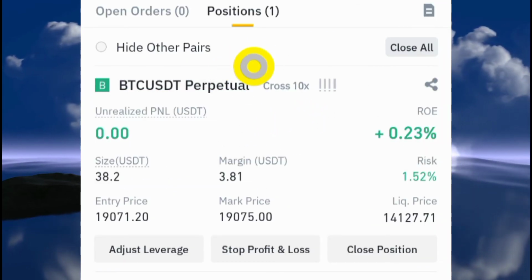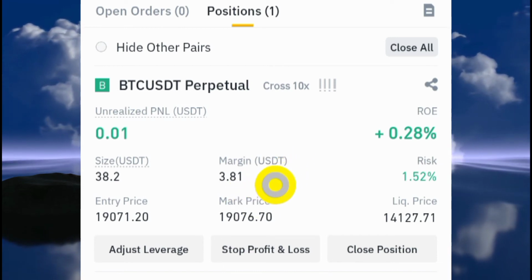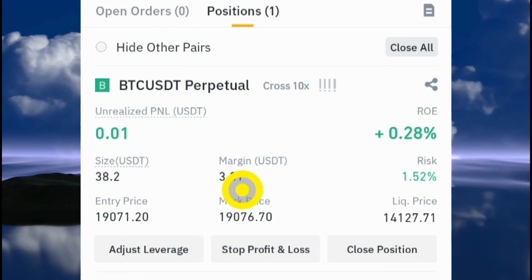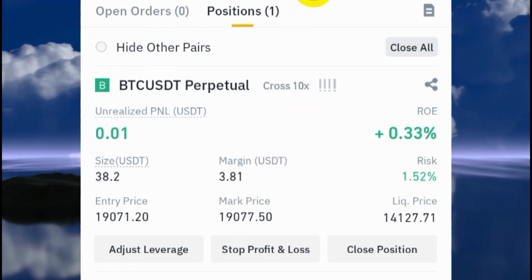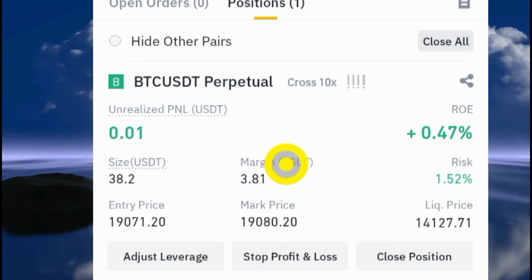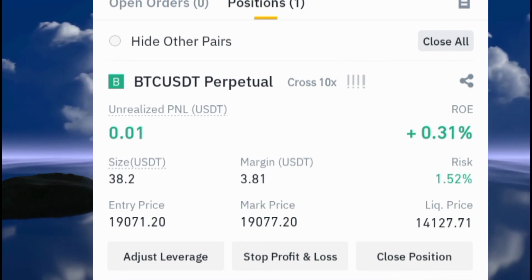Before I started this transaction, it showed me an initial cost of 3.84, but what actually went into the transaction was 3.81. So this is my actual margin. The cost before I started was my initial margin, and the reason for the difference is what we call open loss, which is a result of fluctuations in price.